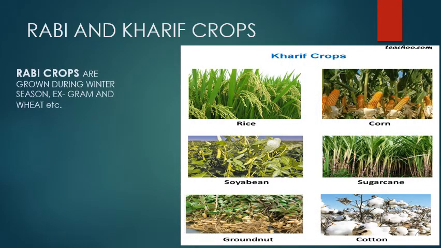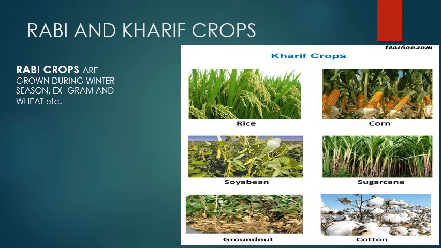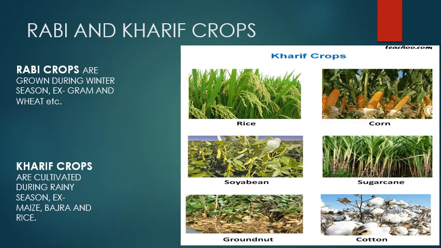Rabi crops are grown during winter season, that is from November to April. And the example for Rabi crops are gram, wheat, etc. Kharif crops are grown during rainy season, that is from June to October. And the example for Kharif crops are maize, bajra and rice.